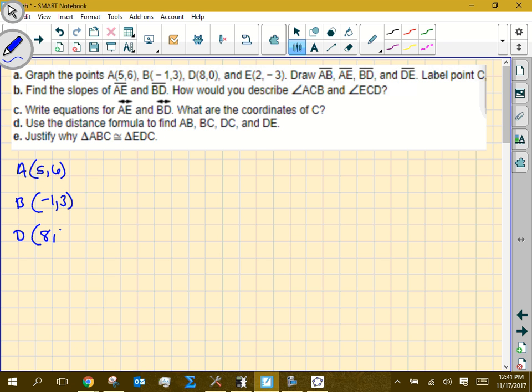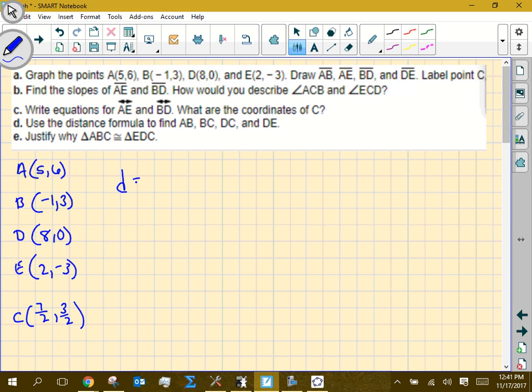D is 8, 0. E is 2, -3, and C was 7/2, 3/2. And they want us to find the distance for AB, BD, BC, DC, and DE.